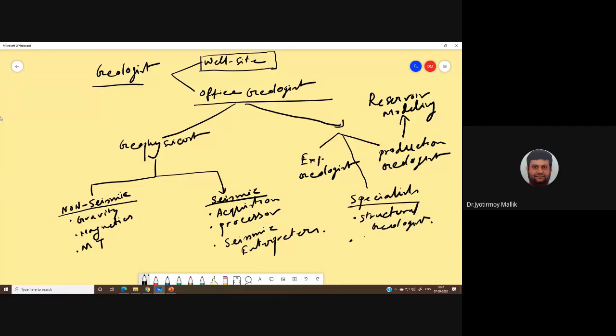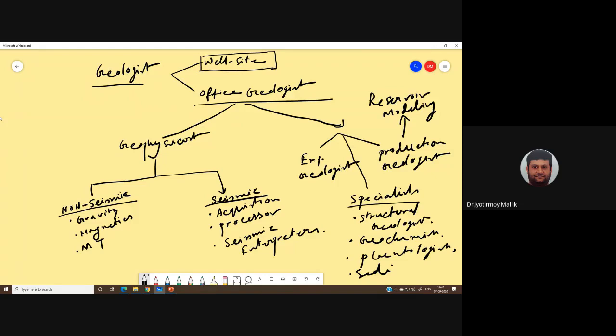Then you have geochemists, paleontologists, sedimentologists, and so on and so forth. You don't generally find igneous petrologists or metamorphic petrologists in an oil and gas company, simply because oil and gas do not sit in igneous or metamorphic rocks.